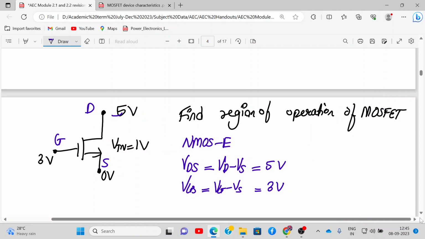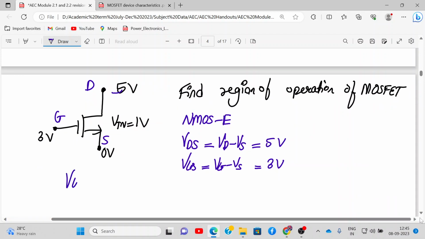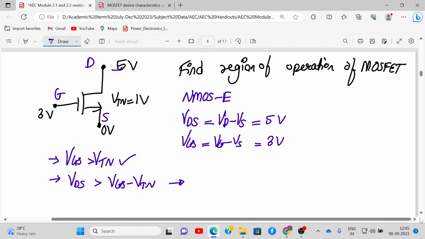So how to check the condition? First condition is VGS has to be greater than VTN. Is this satisfied? Yes. Second condition is we have to check if VDS is greater than VGS minus VTN. VDS is 5, and this is 3 minus 1. Yes, this is also true.